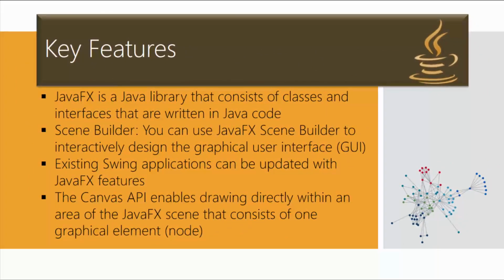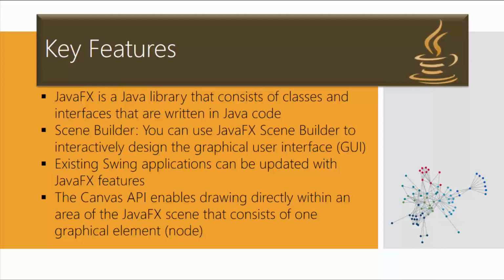Some of the key features that I like to highlight regarding JavaFX is that it's a Java library that consists of different classes and interfaces that are written in pure Java code. It has something called a scene builder, and we can use the JavaFX scene builder to interactively design the graphical user interface.